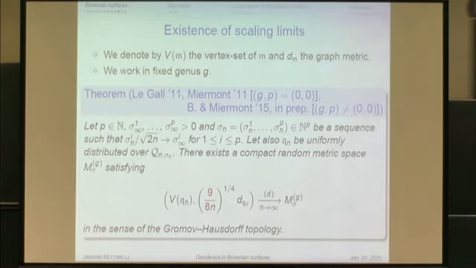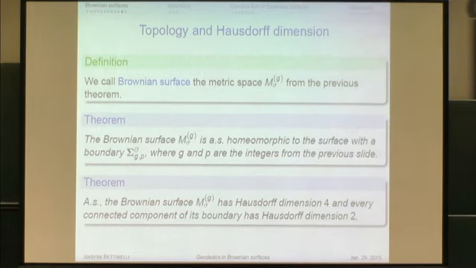Okay, so the limiting space, as I said, will be called the Brownian surface, and more precisely, you have to replace the word surface with the surface you are considering. So if you consider maps of the torus, you will have the Brownian torus, you have the Brownian disk, the Brownian cylinder, of course the Brownian pair of pants.